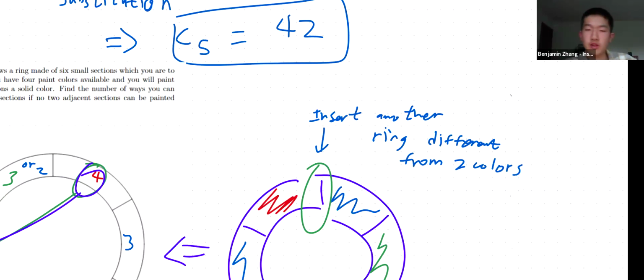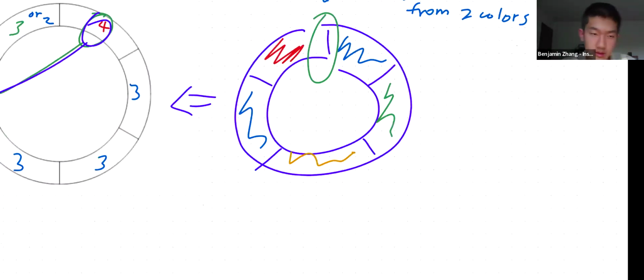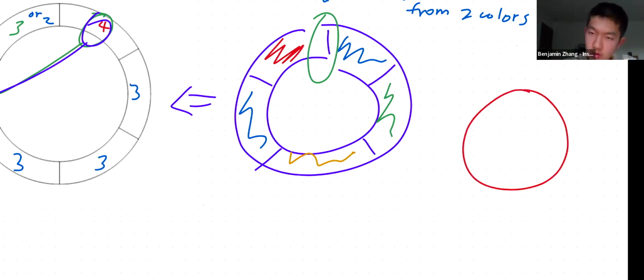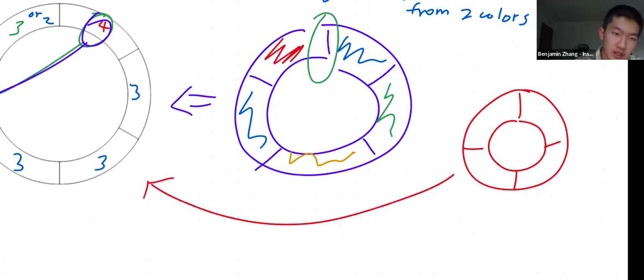Actually, this has to be with a 4 ring this time. So now let's say we have a 4 ring. And how can we turn this into a 6 ring? Well, a similar method tells us that if we color it like such, let's say these were the 4 colors used.